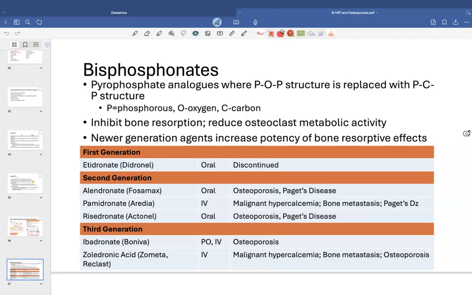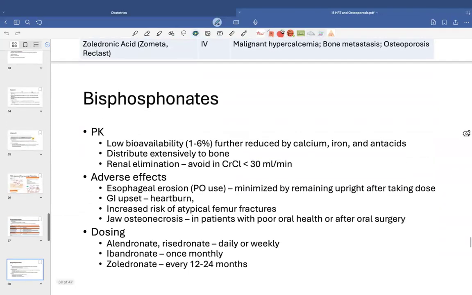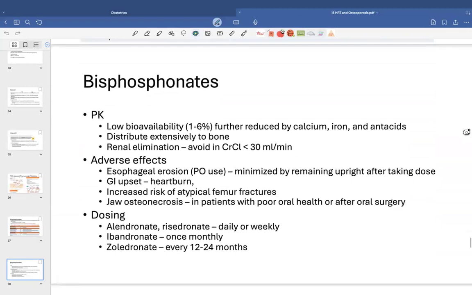Bisphosphonates have a couple of really key things that, if you're treating your patients, you need to educate them on. For one, it has a fairly low bioavailability that can be reduced further by administration with calcium, iron, or acids.